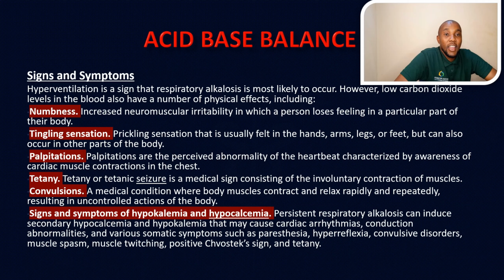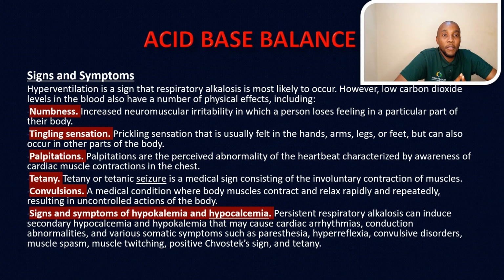However, low carbon dioxide levels in the blood may also contribute to a number of physical effects, which can include numbness, and numbness is increased neuromuscular irritability in which a person loses feeling in a particular part of their body.